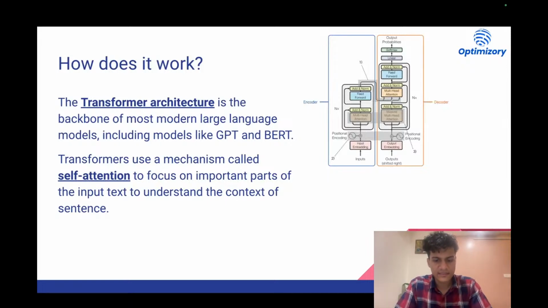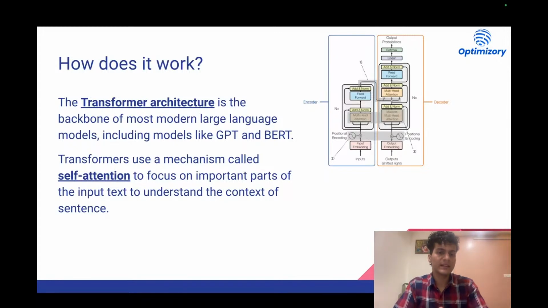So in my sentence, I want to purchase phone this weekend, purchase, phone, and weekend, these three words will get the highest score, because using these three words I can understand the whole context of my sentence. So the self attention mechanism helps us to find the context of my sentence, what my sentence actually wants to say. Words like I, am, the, a do not contribute to the context of any sentence.